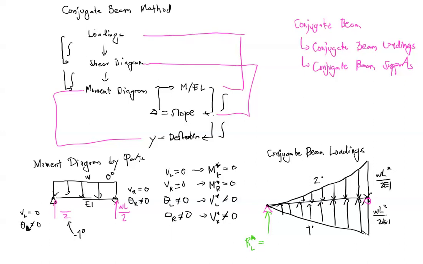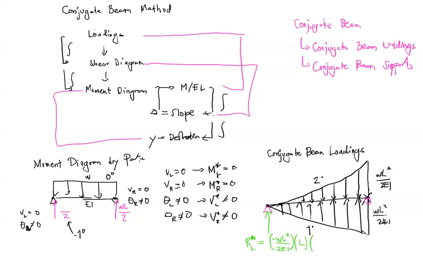So, again, I only think of the concentrated na load. So, yung concentrated na load, katumbas sa concentrated load, nitong sa taas is WL squared over 2EI. So, ito yung height. Yung base is L.